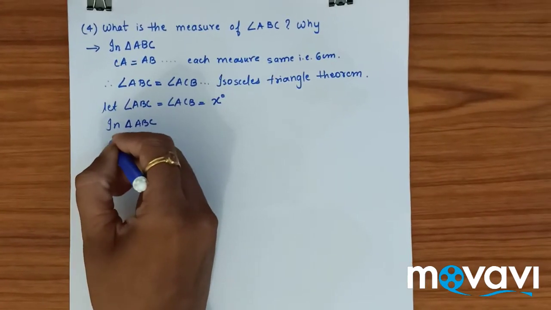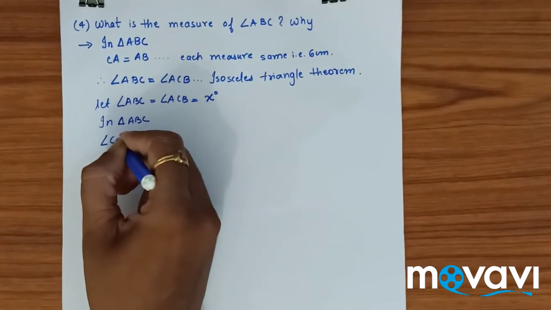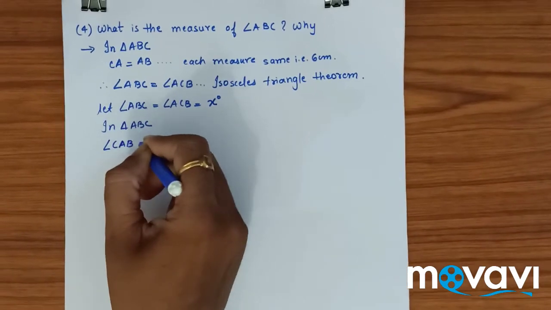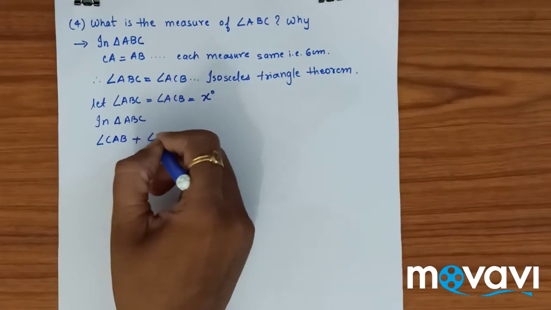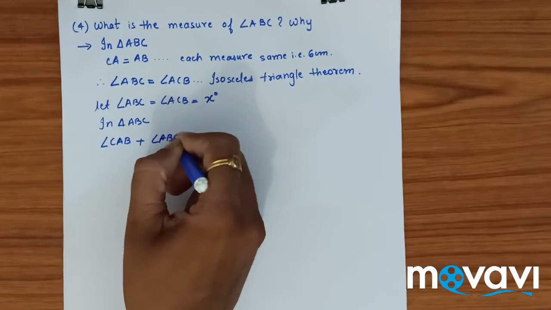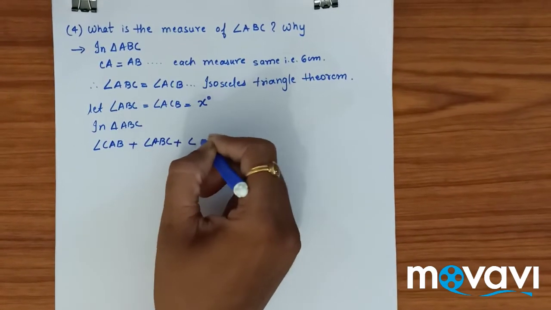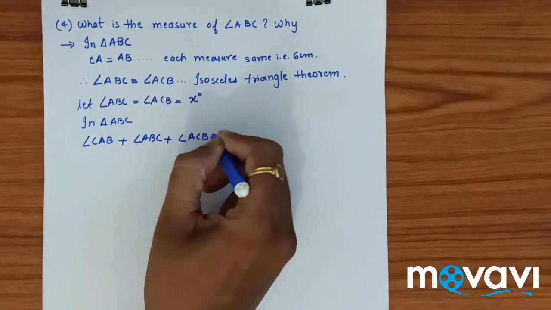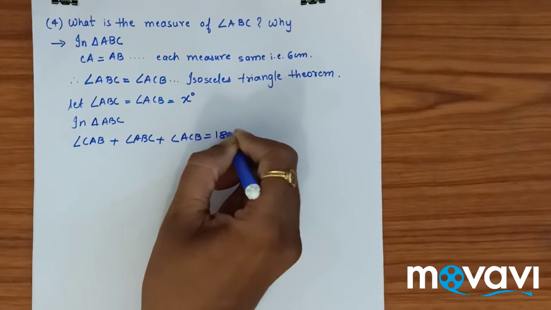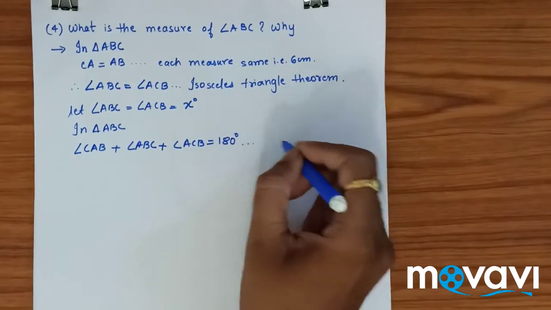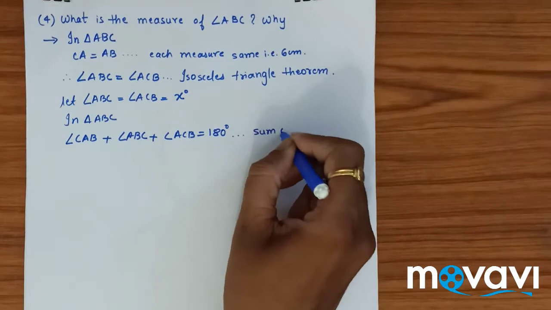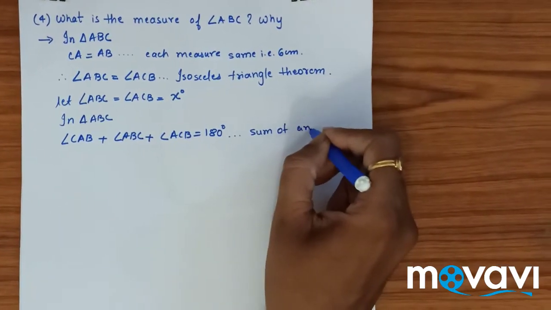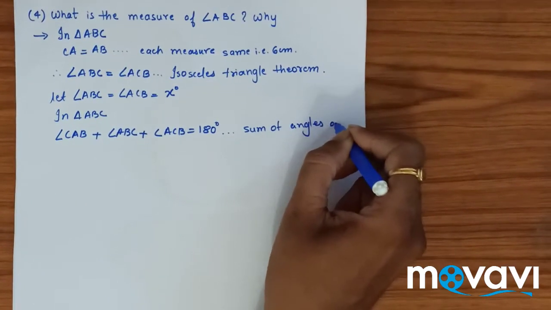So let us make use of that. Angle CAB plus angle ABC plus angle ACB is equal to 180 degree. What will be the reason? Sum of angles of a triangle.